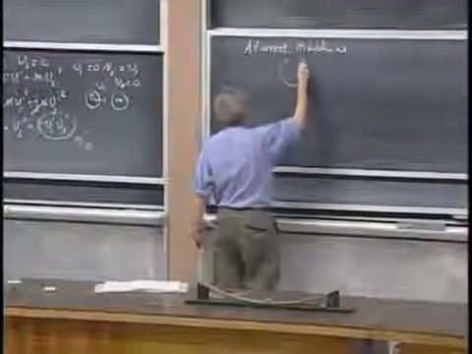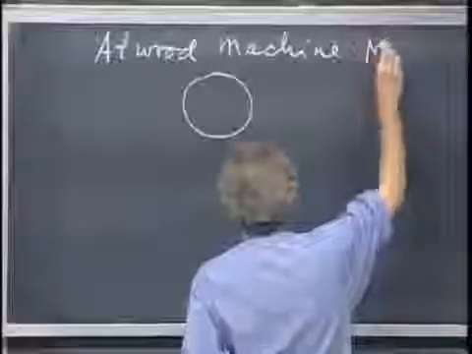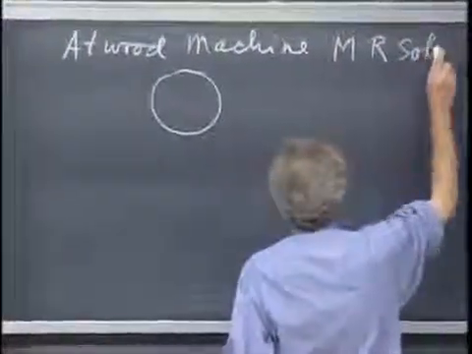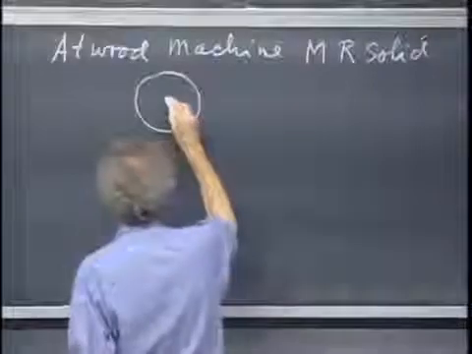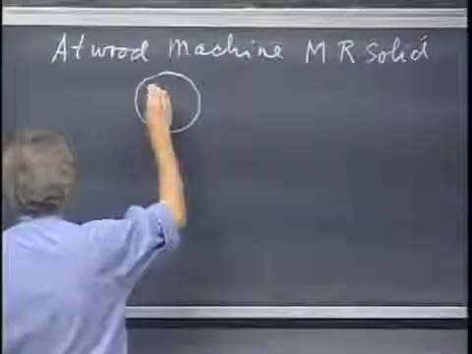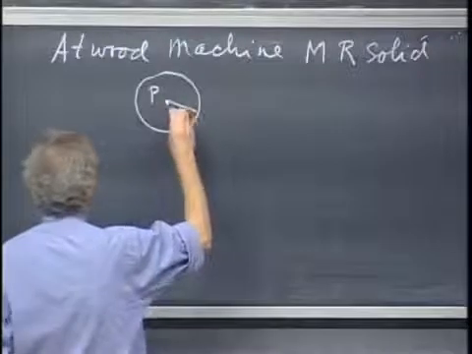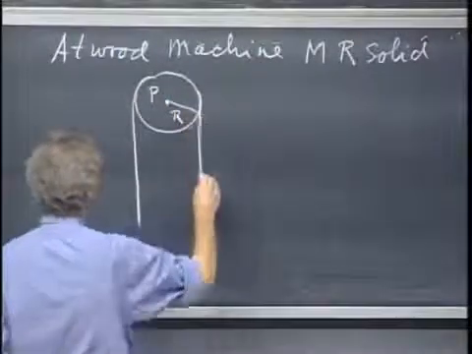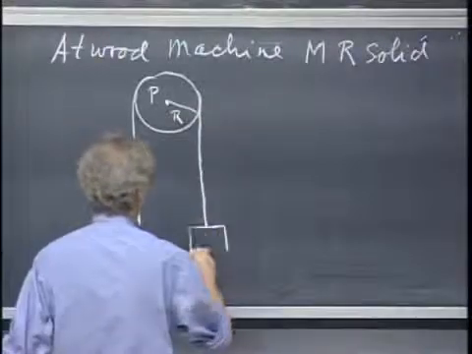Here's a pulley. The pulley has mass m, has radius r. It's solid. So it's a solid disk, rotates, frictionless about point P, radius r, and there is a rope here, near massless. We ignore the mass.